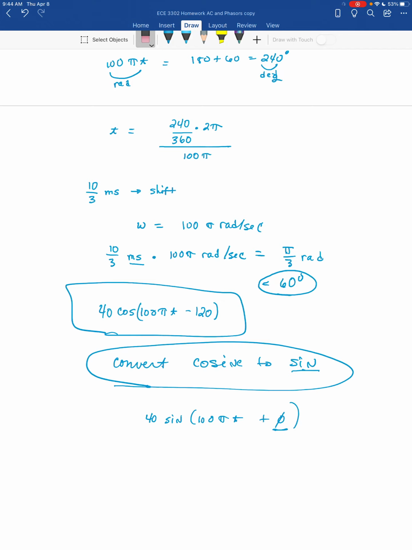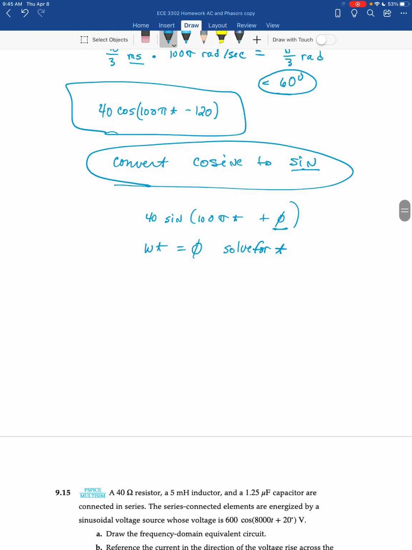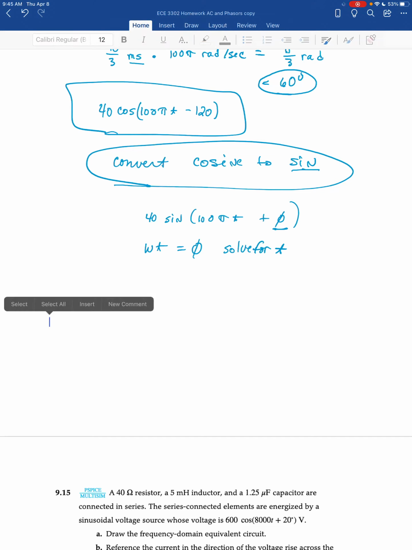You want your phase angle to be shifted by this amount. So you set omega t equal to the phase, solve for t, and then figure out whether it needs to shift to the left or to the right to get to 0, and that'll tell you how many milliseconds in that time shift and whether it moves to the left or right. So that's that.